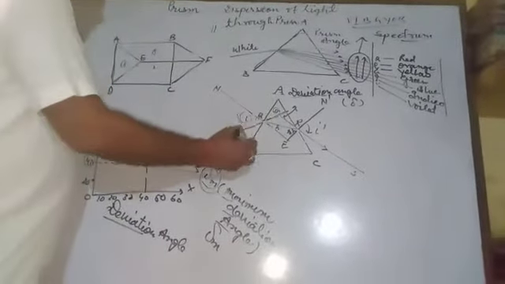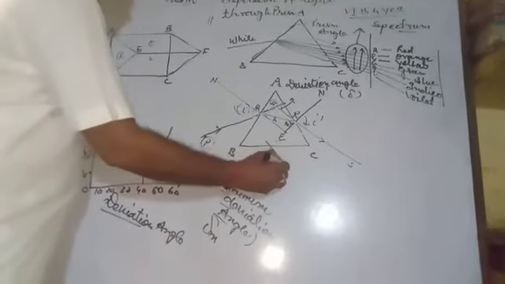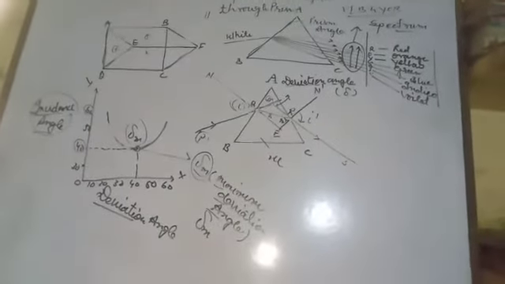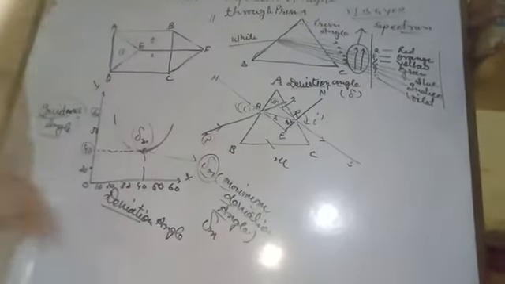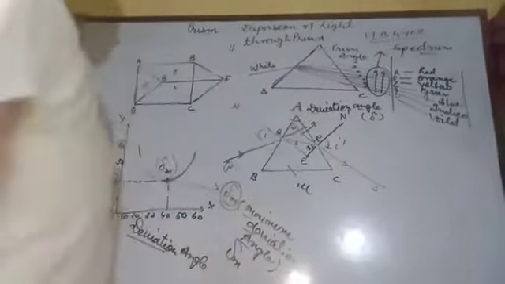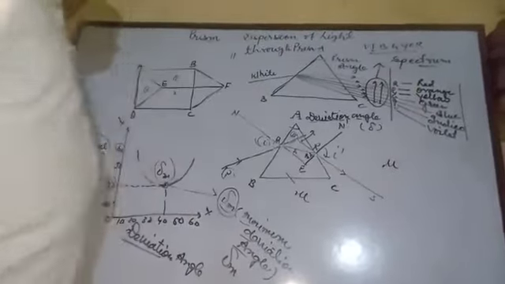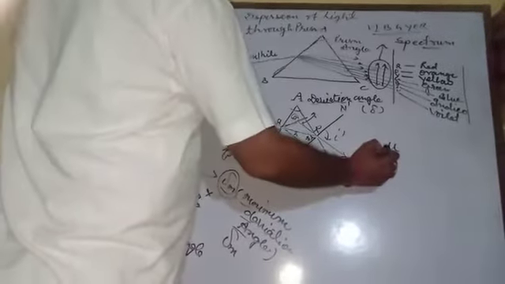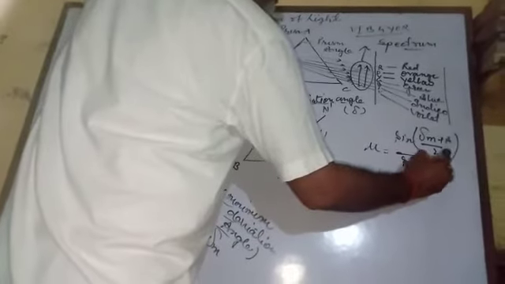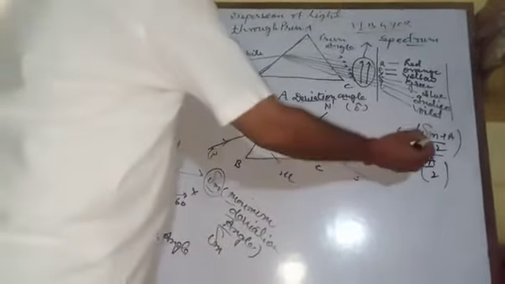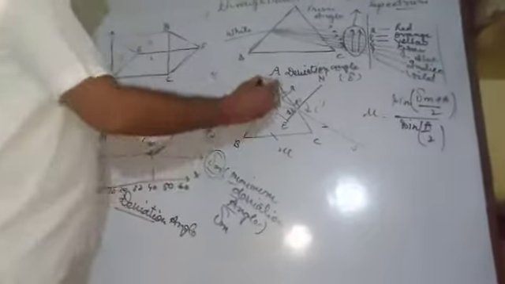If the refractive index of the prism is nu and prism angle is A, then according to Snell's law, the refractive index of the prism is equal to sin of (delta m plus A) by 2 upon sin A by 2, where delta m is the minimum deviation angle and A is the prism angle.